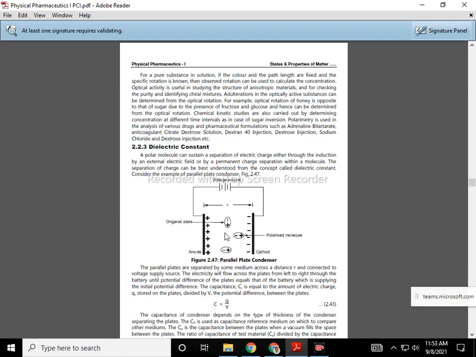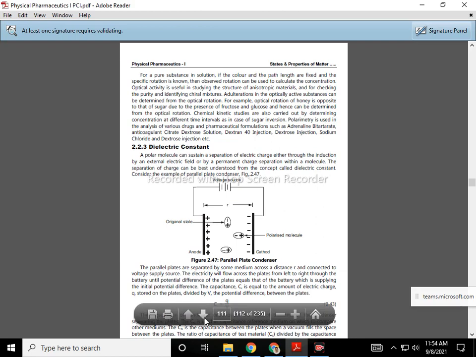Okay? So you should have a reading of that at least one time. You should have the reading of that dipole moment, induced dipole, permanent dipole, instantaneous dipole, all these things. You must have the reading of that chart, table, all these things.